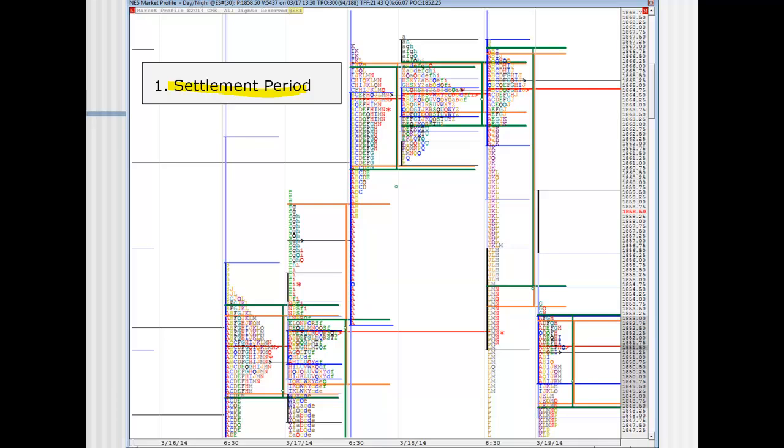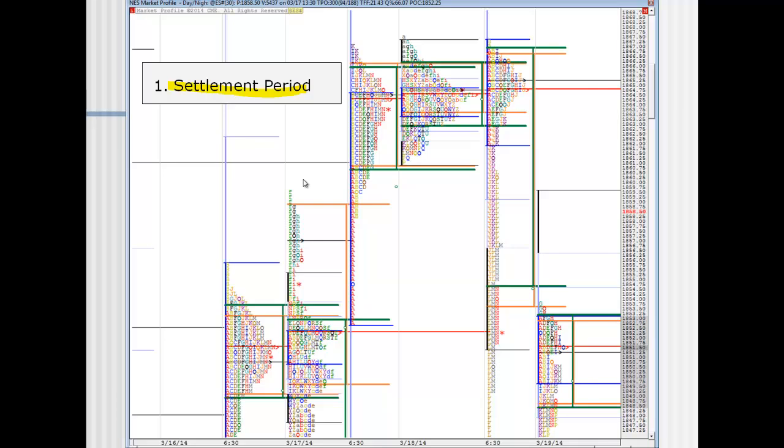Now, the settlement period in this case, we are looking at a chart or profiles of the ES Mini. Every instrument has a settlement period. However, in the case of the ES Mini or other futures commodities, the settlement period is usually the last period of the day.